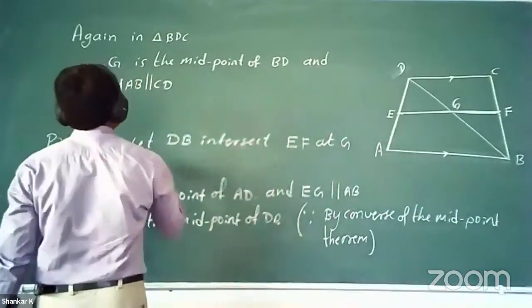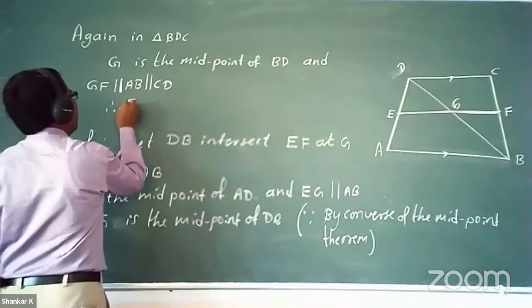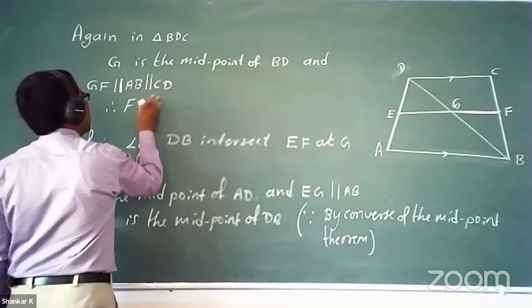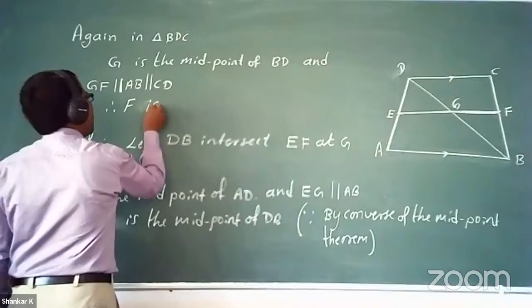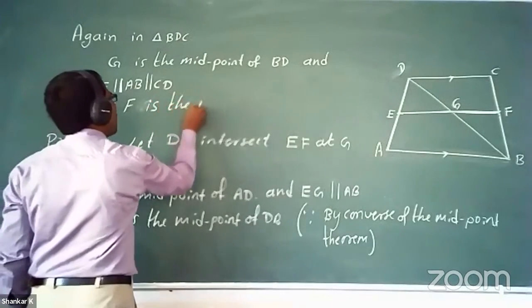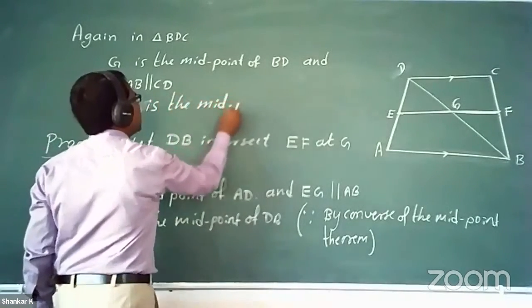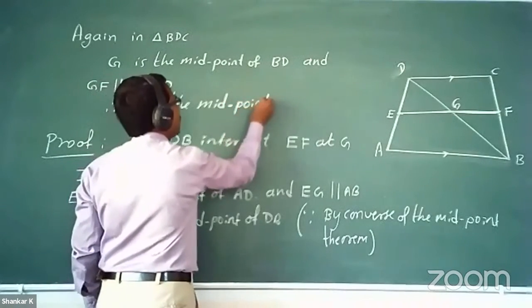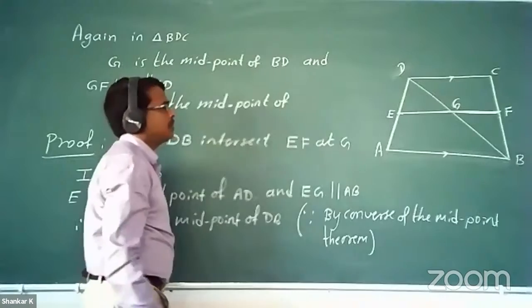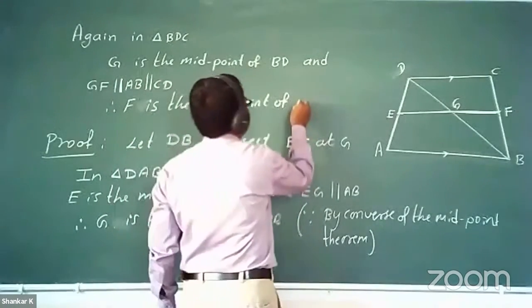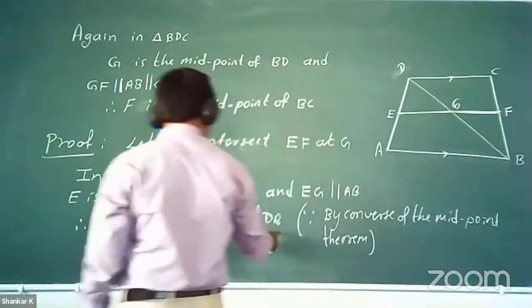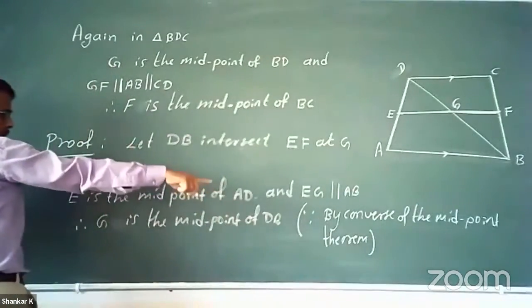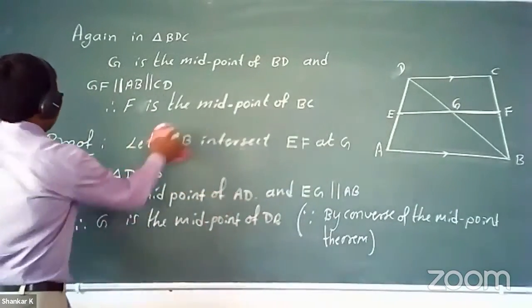Therefore, F is the midpoint of BC. Why? Same reason, by the converse of the midpoint theorem.